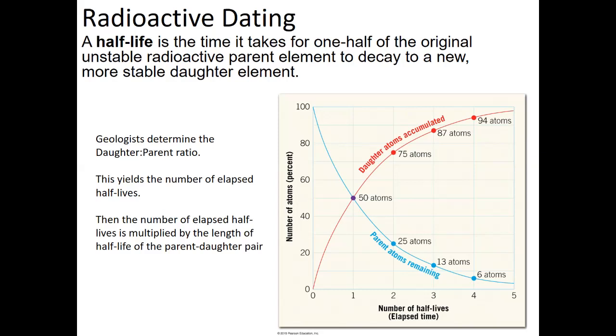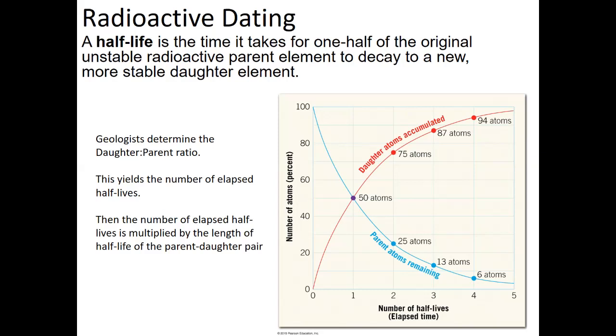We call that process of an atom's nucleus breaking down into smaller pieces radioactive decay. Any atom that exhibits that behavior is said to be radioactive. It's basically unstable. And so larger elements with a large number of protons in their nucleus tend to be radioactive elements, like uranium. Uranium is the largest naturally occurring element with 92 protons in its nucleus.